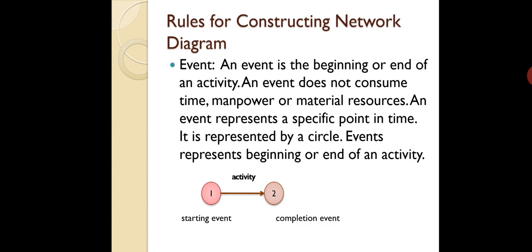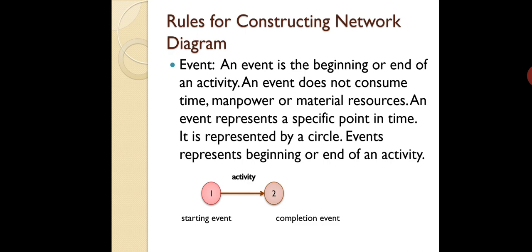Now, what is the difference between an event and an activity? An activity is represented by an arrow, whereas events are represented by circles. An activity consumes time, manpower or material resources, whereas events do not consume anything.